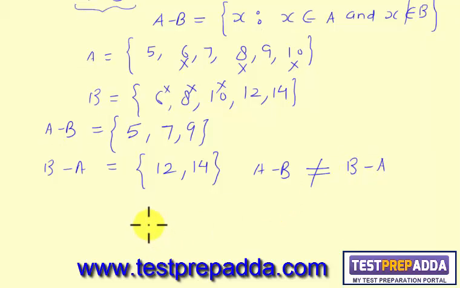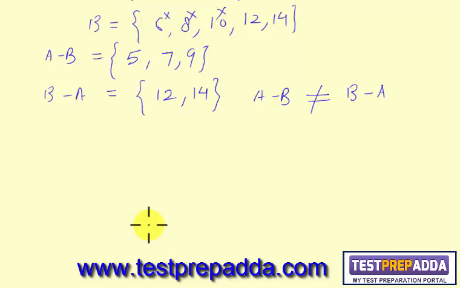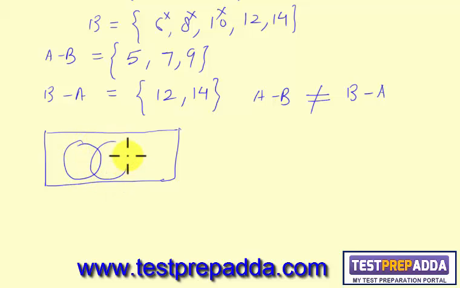Now in a Venn diagram, if I try to draw, this is the universal set. This is A, B. So for A minus B, you remove that part from A which is there in B. So the remaining portion will be this.